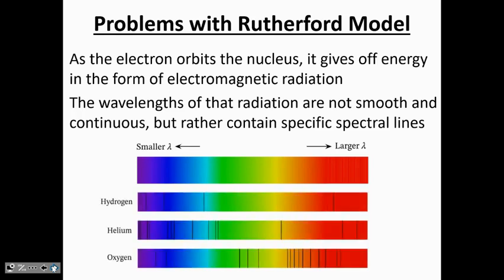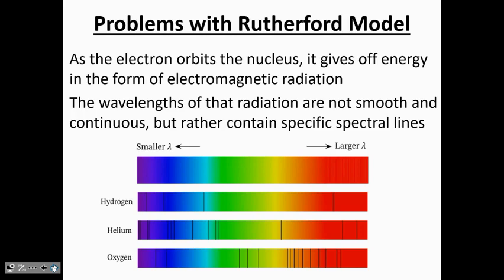For particular elements, we see that there are specific spectral lines. So these wavelengths occur in units and chunks. They don't occur as one smooth, continuous spectrum of wavelengths. So we don't get all the wavelengths. In other words, we get certain wavelengths.